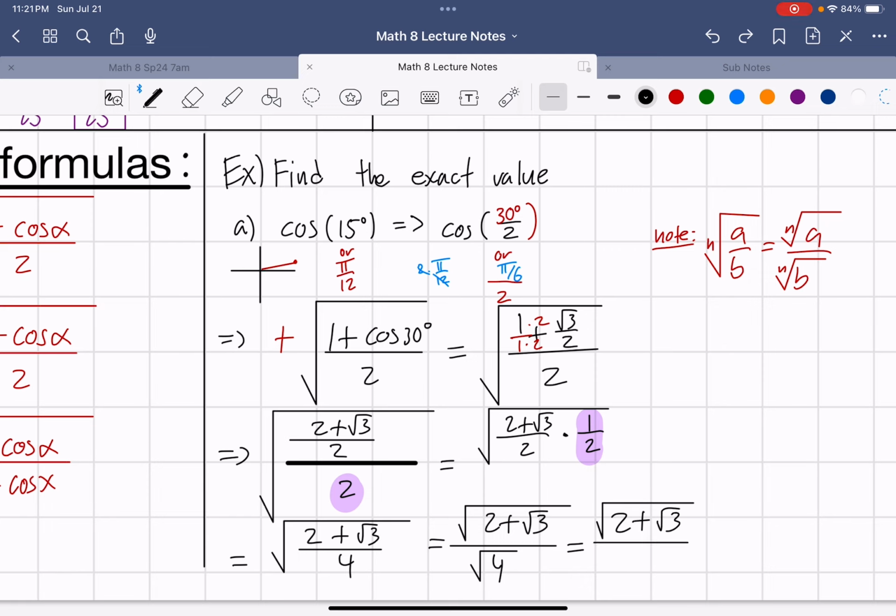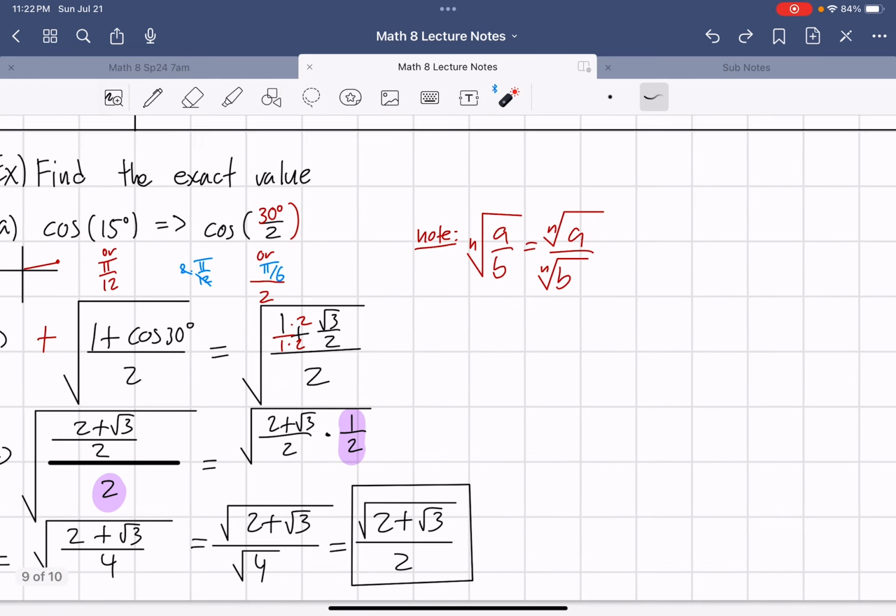Now again, a calculator would make this much, much easier, but it's good practice on seeing the versatility of these identities and what they can do for us. Now, we were able to do 15 degrees before.